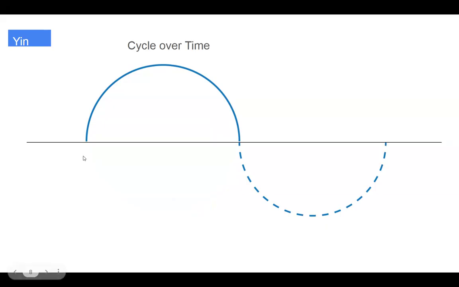So this is how we are able to examine energy over time. It's actually starting back at the same spot within its own cycle, but it's moving over time. So we have a cycle of yin. We have a high point to the yin, that's the most yin, and then we have a low point to the yin. The high point to the yin would be when you are sleeping in bed.